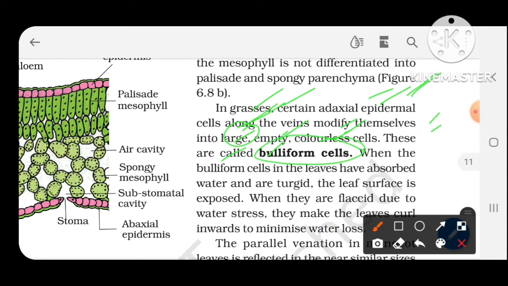And so it is important to keep in mind where bulliform cells are found. Okay, so in grasses bulliform cells are found.